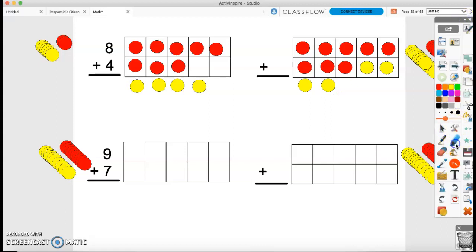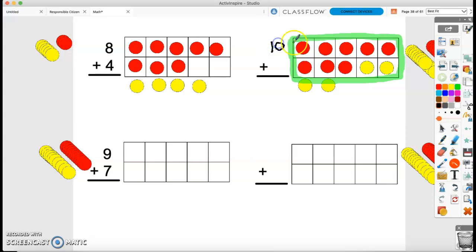I can see that in my 10 frame, I have now filled up my 10 frame. My 10 frame is filled, and I have 10 in my 10 frame.